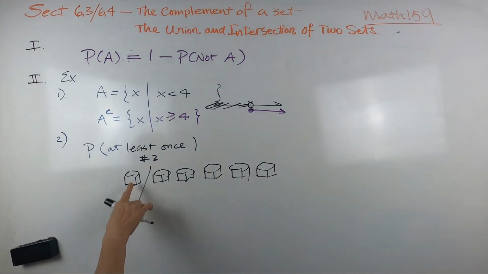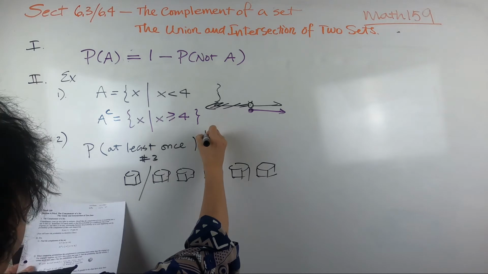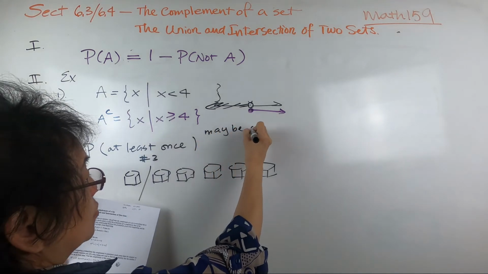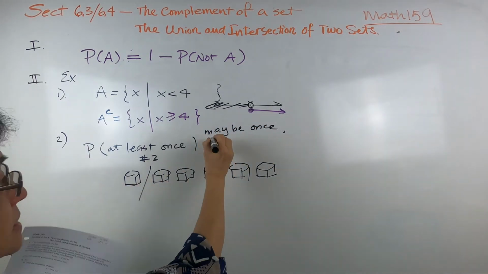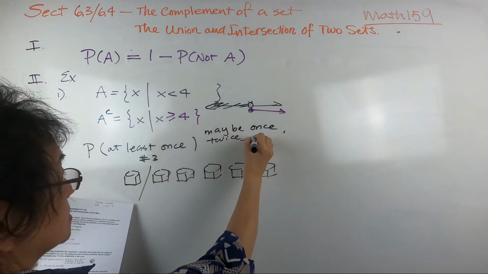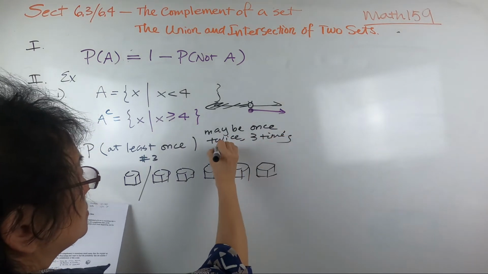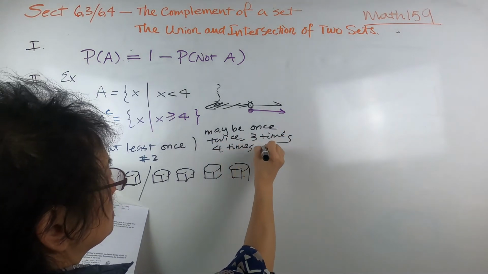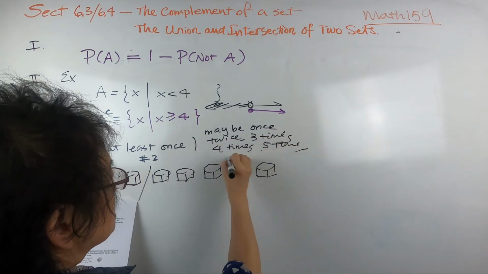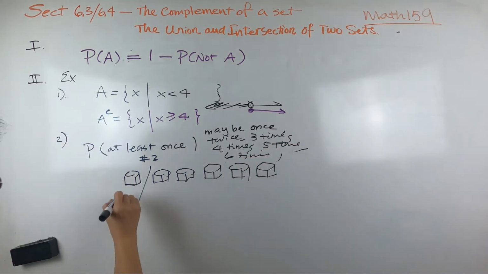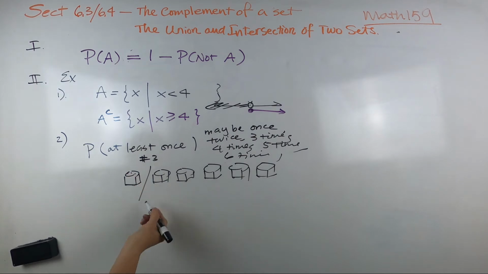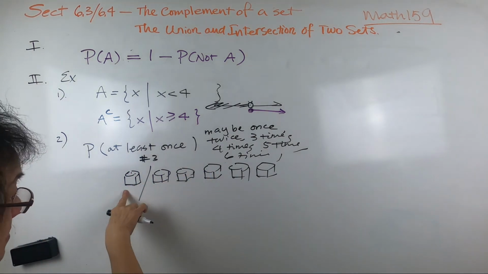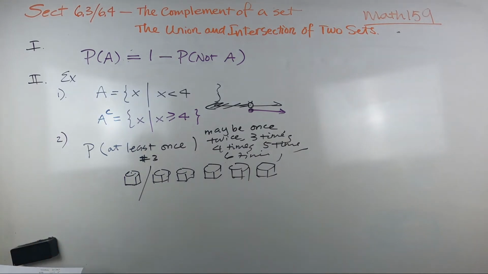At least once means maybe once, maybe twice, or 3 times, or 4 times, or 5 times, or 6 times, right? You might get 3 here, may not. So at least once, maybe all of them, right? Then to find the probability, it's very hard to count.